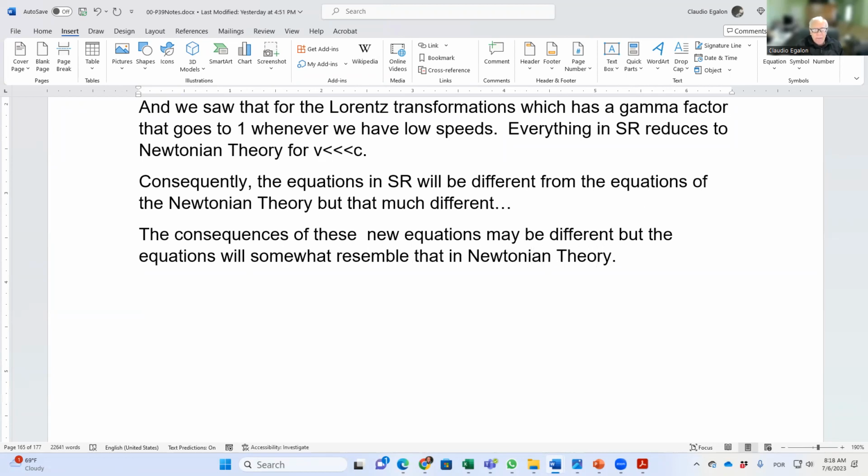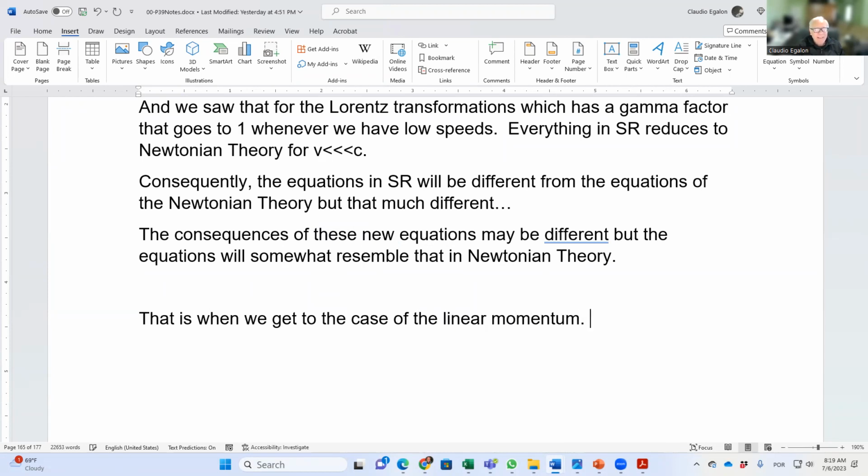Somewhat, okay? That's when we get to the case of the linear momentum.